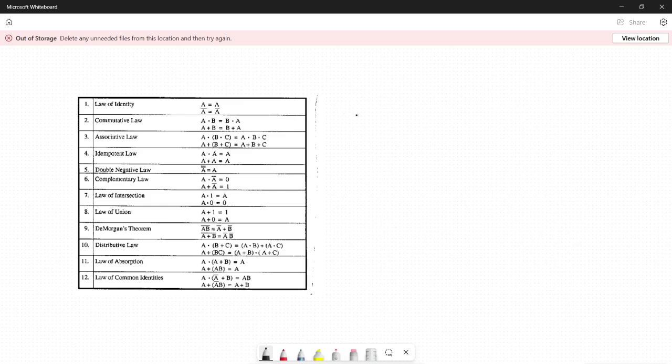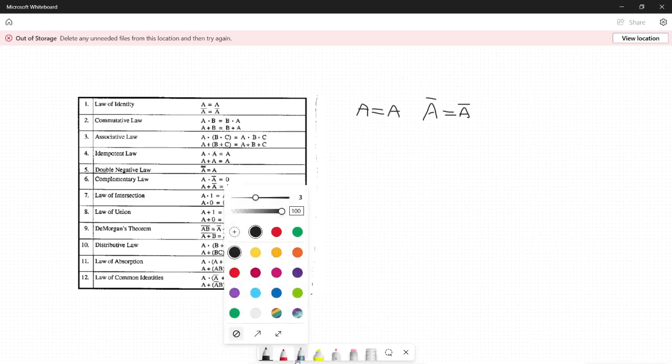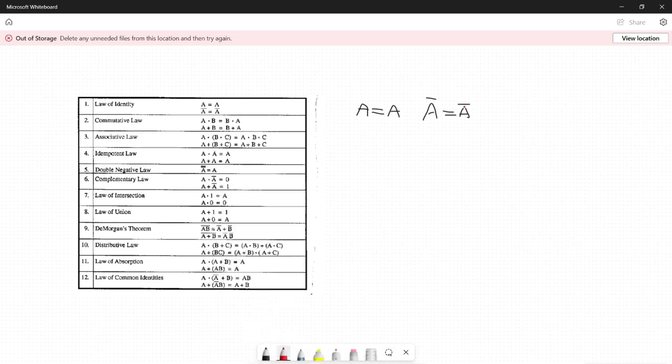So, first of all, A is equal to A. And A inverse or A not is equal to A not. Basic stuff. Basically, the variable is equal to the variable. This is something you'll see in normal algebra, so it's not complicated or anything.